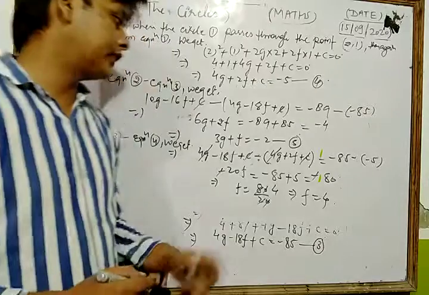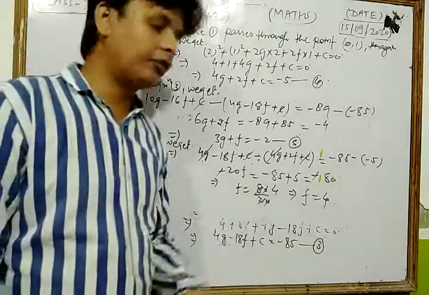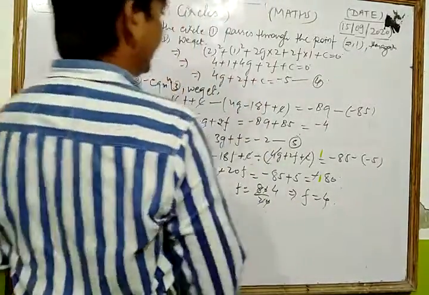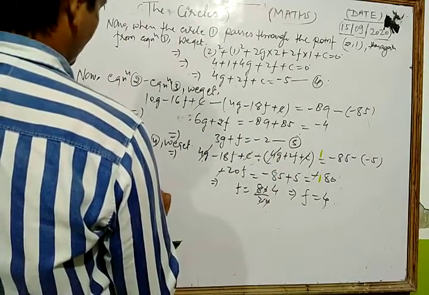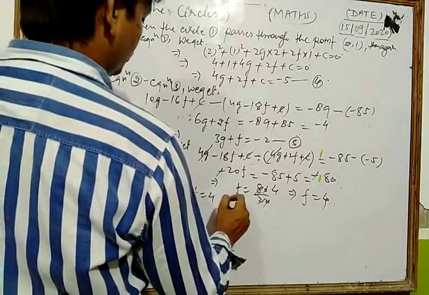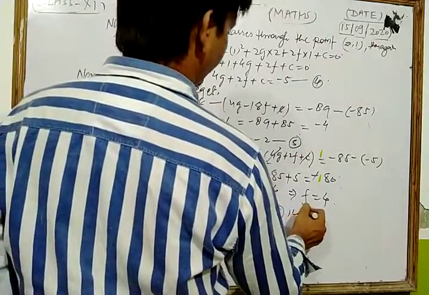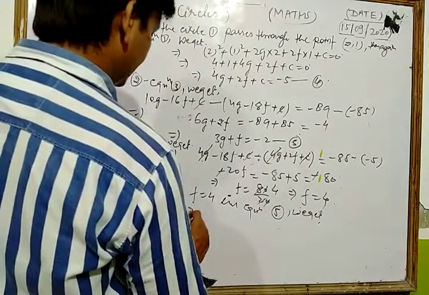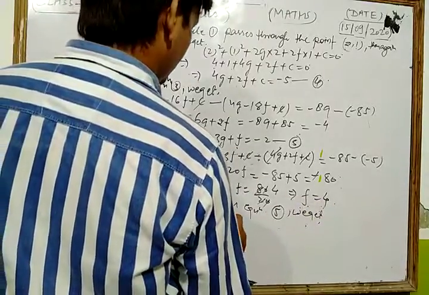In this way, after solving equation 3 minus equation 4, we get the value of f as 4. Now we find the value of g. For that we put the value of f in equation 5. If we put f equal to 4 in equation 5, we get 3g plus 4 is equal to minus 2.